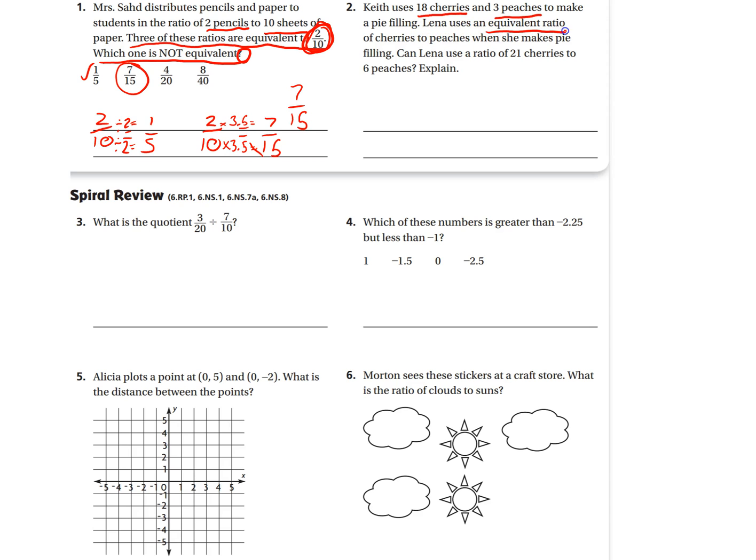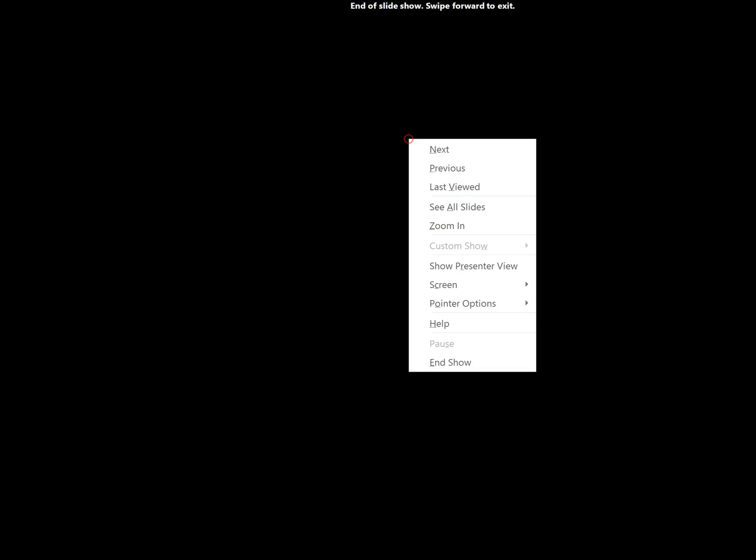All right, Keith uses 18 cherries and 3 peaches to make peach pie filling. Lena uses an equivalent ratio of cherries to peaches when she makes pie. Can Lena use a ratio of 21 cherries to 6 peaches? Explain. So our ratio is 18 cherries to 3 peaches. Lena wants to do 21 cherries to 6 peaches. And basically what it's asking is, are these equivalent?